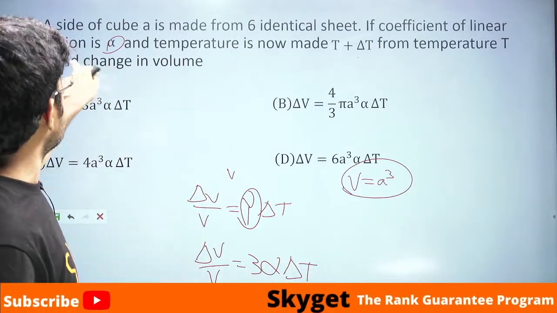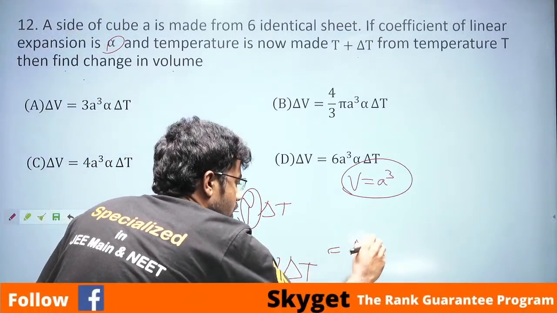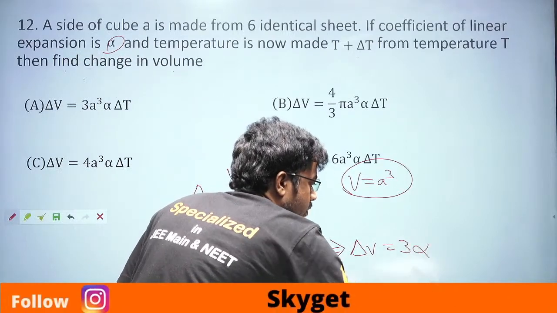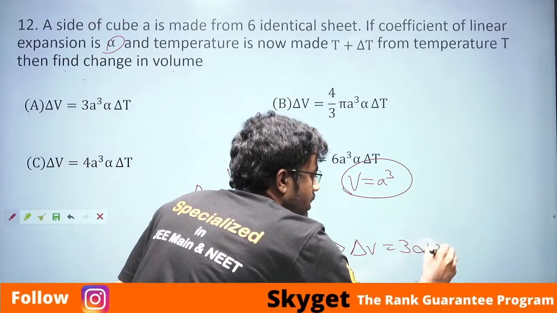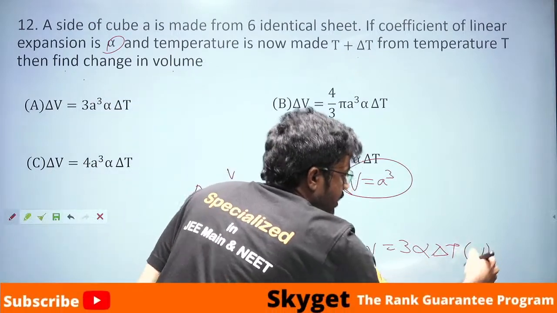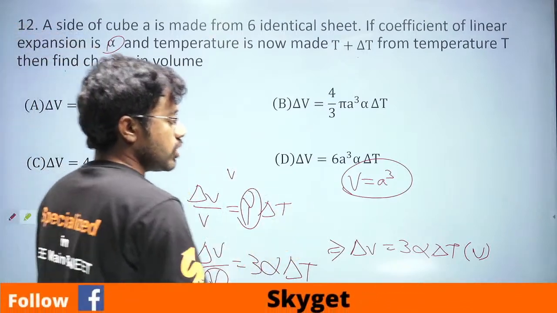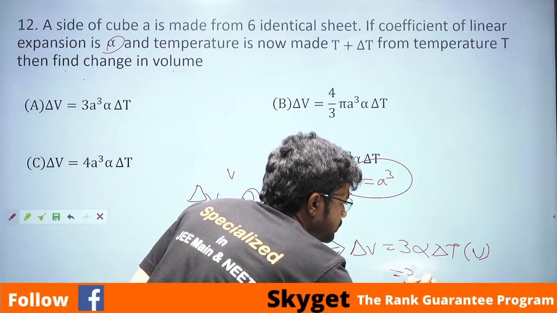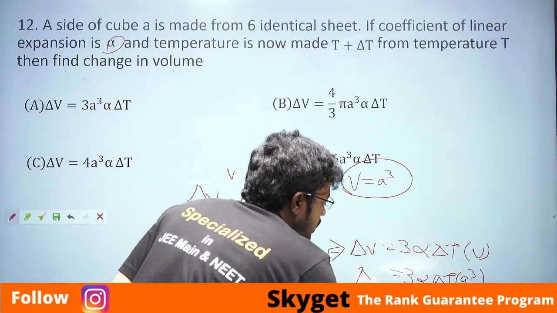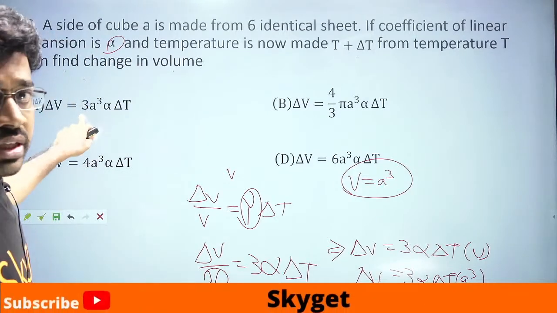As he is asking only for the change in volume, from this equation you can write the change in volume is equal to 3 alpha, that is 3 times the linear expansion coefficient, into the change in temperature into the volume. Bring the volume to this side. As he has given a cube of side A, the volume of the cube is A cube. So 3 alpha delta T into A cube will be the change in volume. So we have option A.